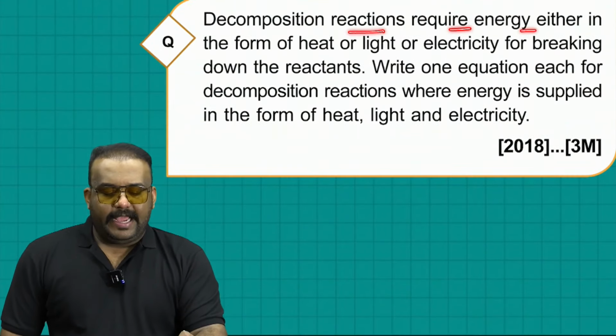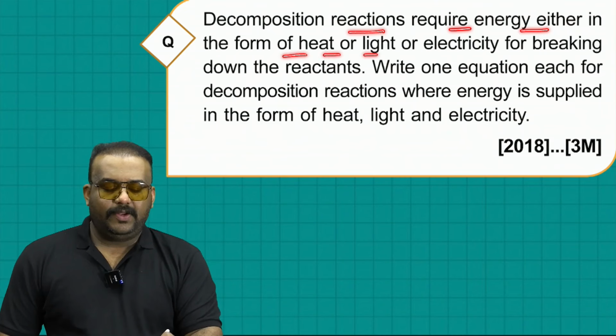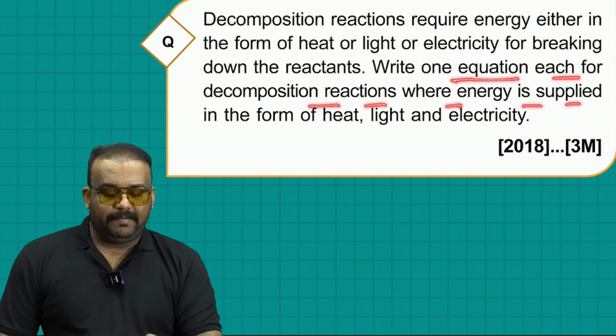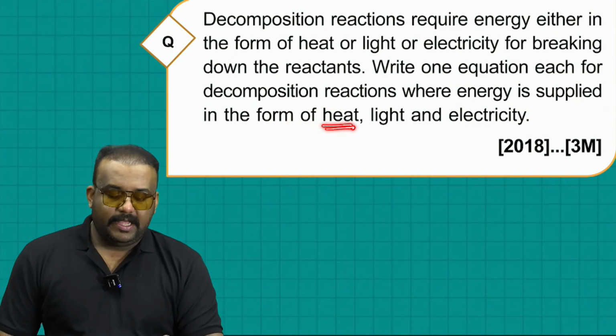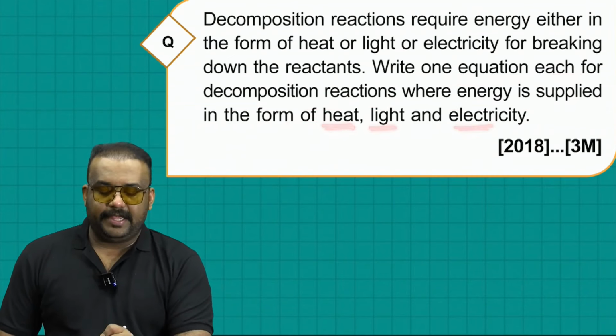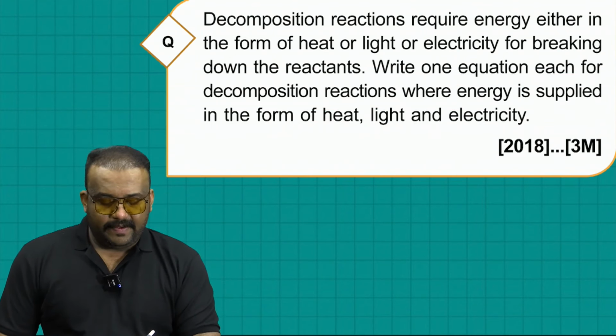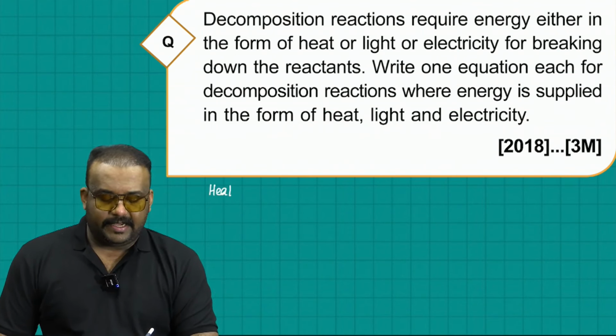Decomposition reactions require energy either in the form of heat or light or electricity for breaking down the reactants. Write one equation each for decomposition reaction where energy is supplied in the form of heat, light and electricity. So plenty of examples we have already learned. So let's write one example for each category.